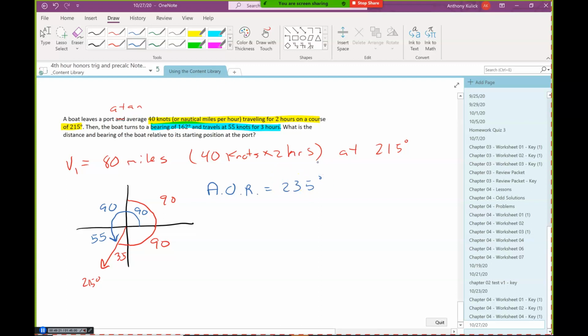Ben? So basically I'm looking for these coordinates, x comma y, or cosine comma sine. Yeah, so vector 1's x component and vector 1's y component.